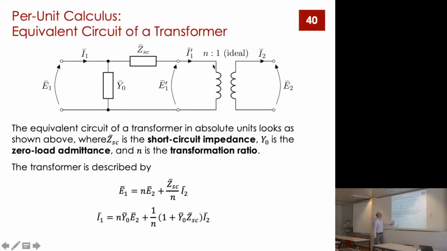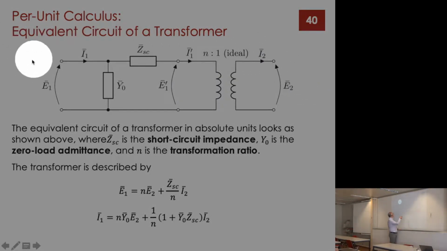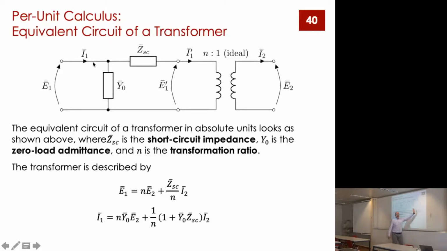I can have E1 in the range of 380 kilovolts and E2 equal to 20 kilovolts. The machine is built so that the power flow is kept almost constant, so if I manipulate the voltage amplitudes, I also have to manipulate the currents. If I'm stepping up the voltage, I'm stepping down the current, and vice versa.